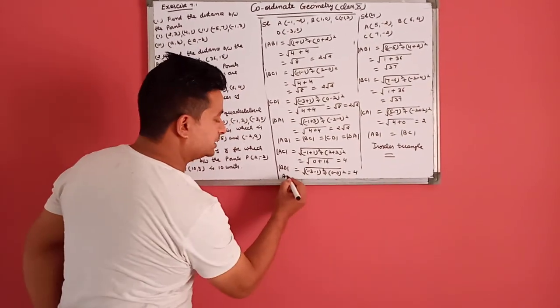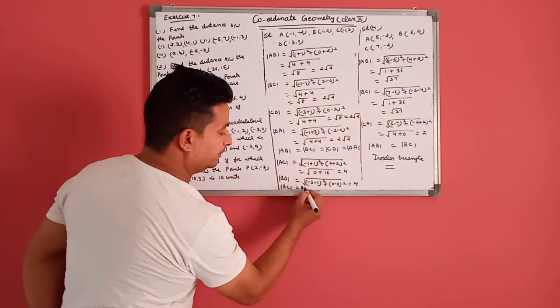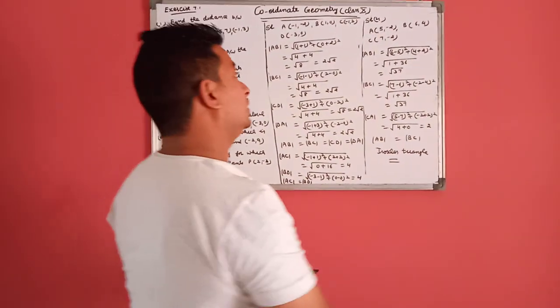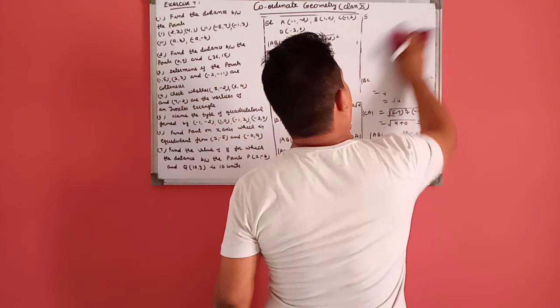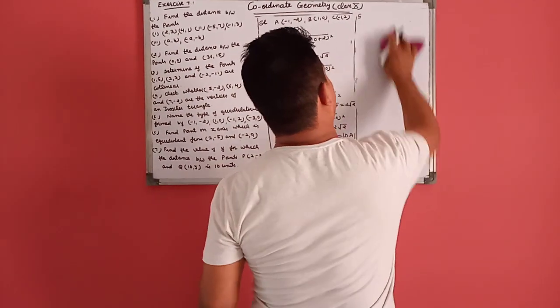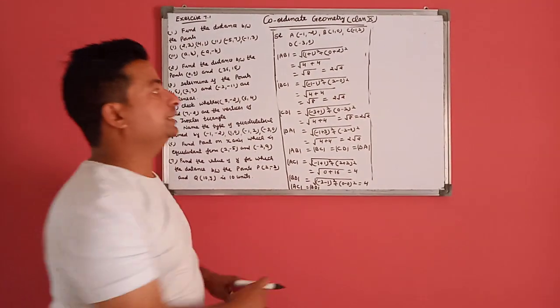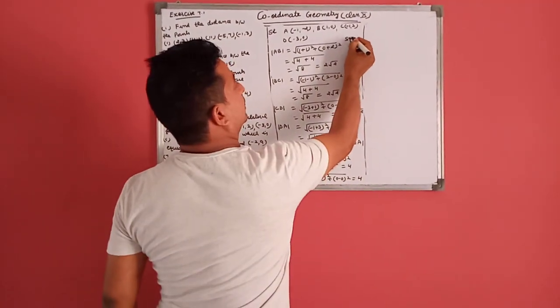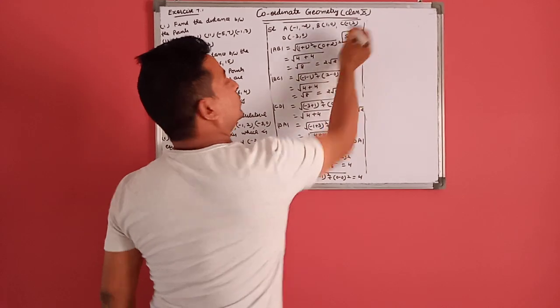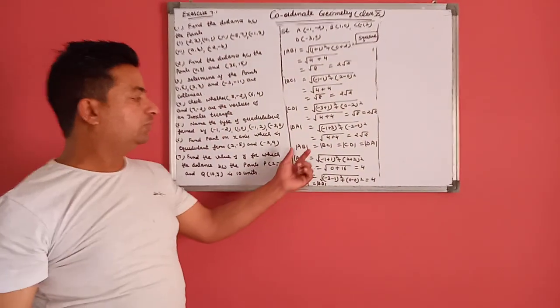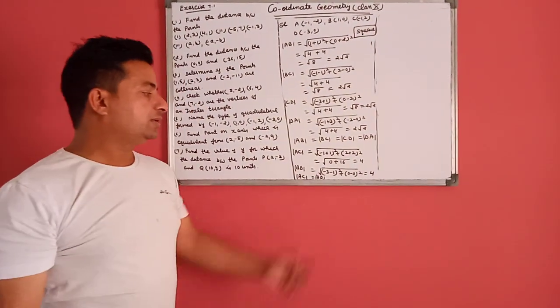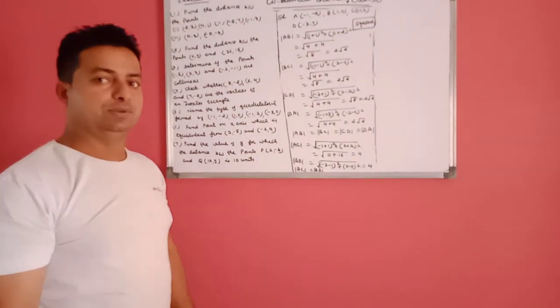This means AC equal to BD. So all the four sides are equal and the diagonals are also equal. So this quadrilateral is a square. As we know, in a square all the four sides are equal and also the diagonals are equal.